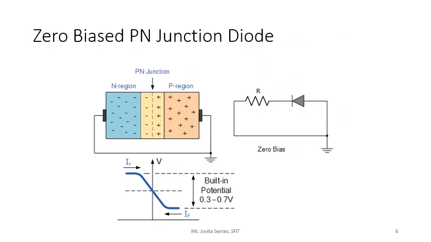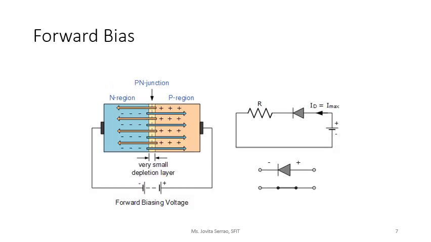So this is exactly what has happened before, that is in the zero biased PN junction. What is shown over here, the built-in potential is 0.3 volts to 0.7 volts, that is for germanium and for silicon. When I make my system forward biased, this is what it looks like. So in forward bias, a diode can be replaced by a short circuit.